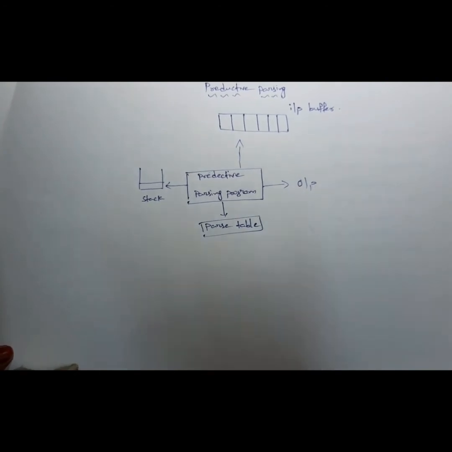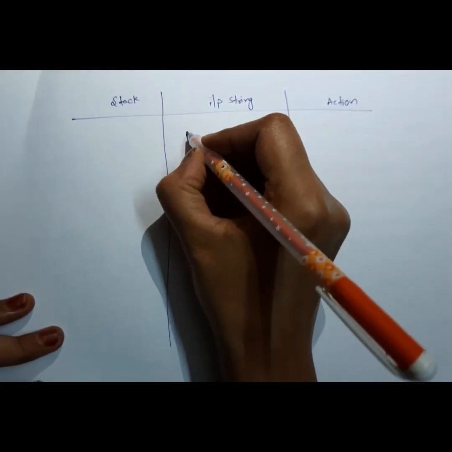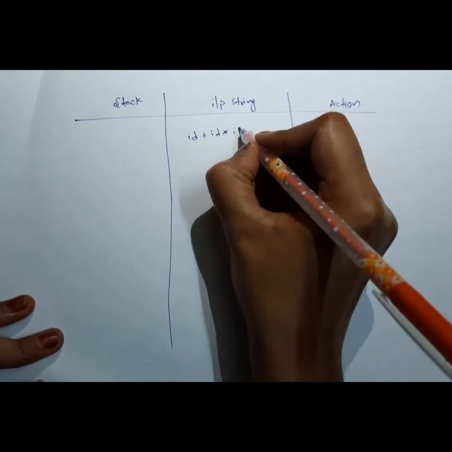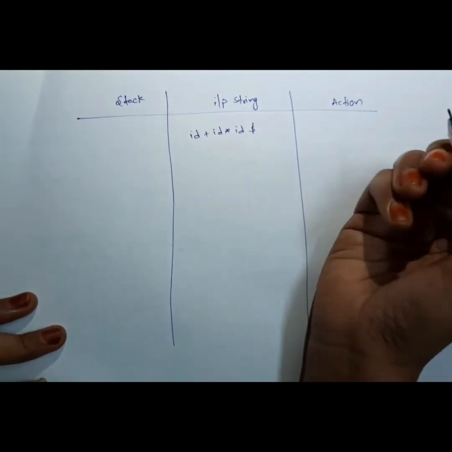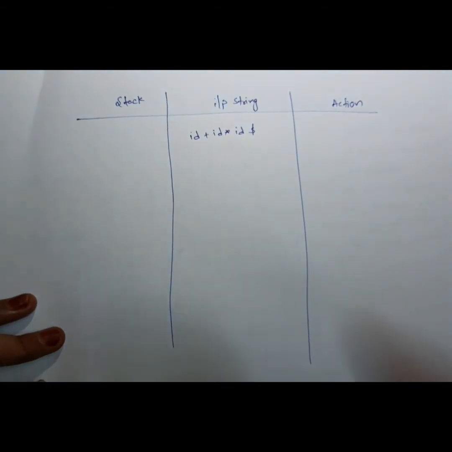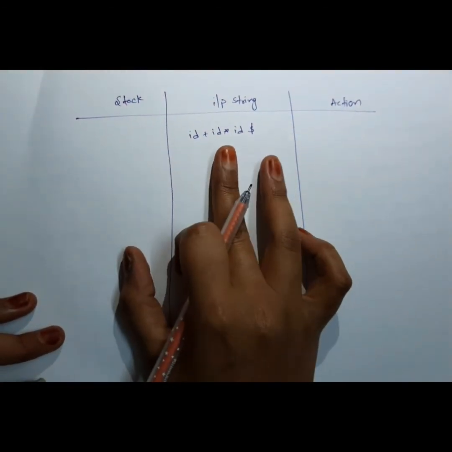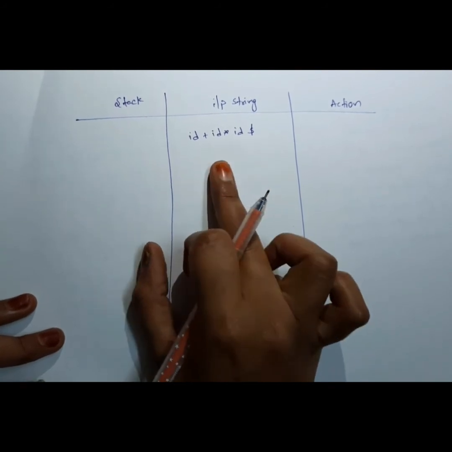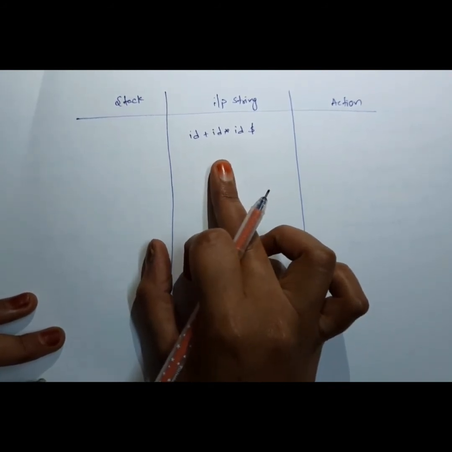The input string is ID plus ID star ID dollar. By using the parse table we need to check whether this input string is accepting the given grammar or not.